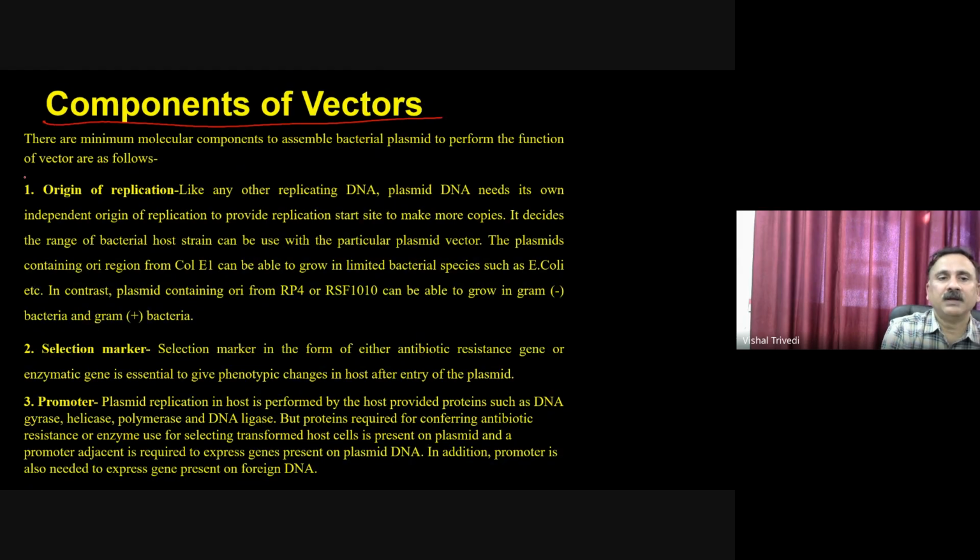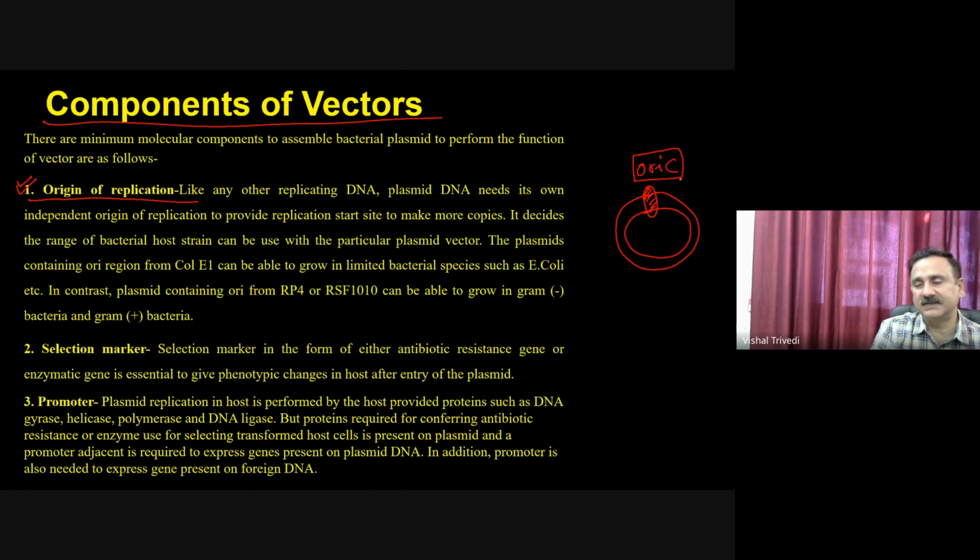The first is the origin of replication. Remember that a circular DNA has to be replicated from a particular point, and this point is called the origin of replication, such as ORI C. So ORI C is an origin of replication in the bacterial system.